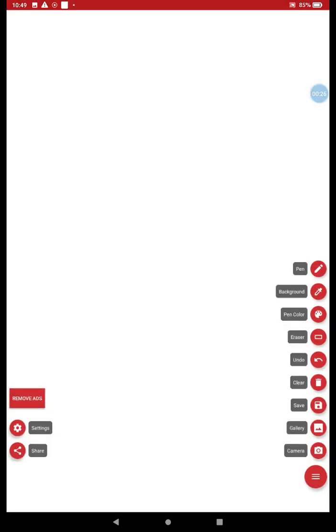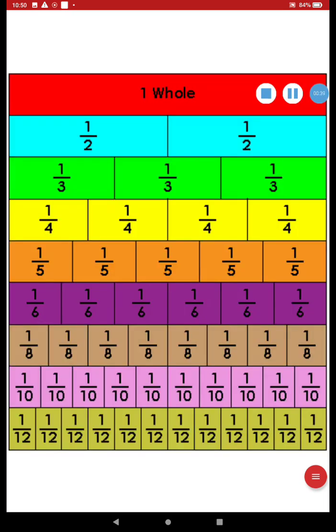All right, so for our first example, you're going to be asked to express a fraction in lower or higher terms. So let's look and review our fraction bar. Remember, when we're looking at this rainbow fraction bar, the red bar represents our whole. If I were to cut my fraction once, that gets me halves. 2 halves equal a whole.